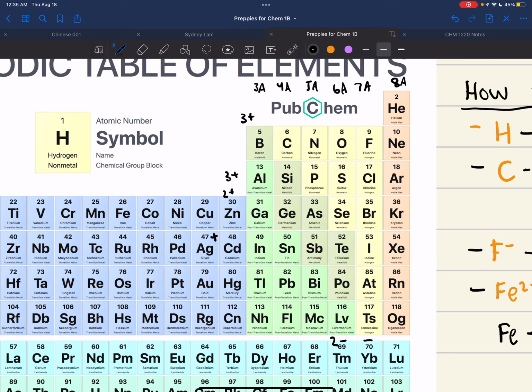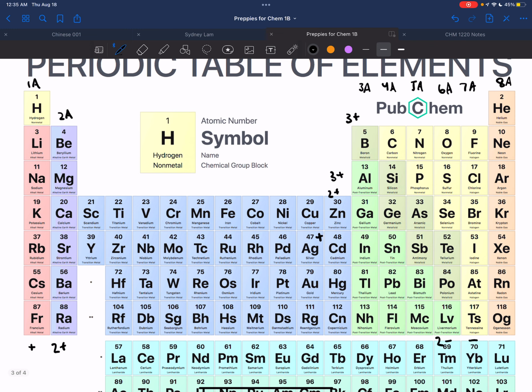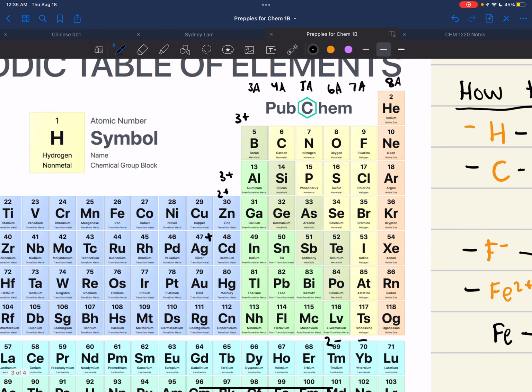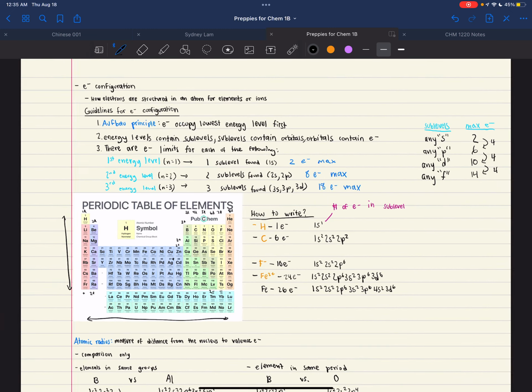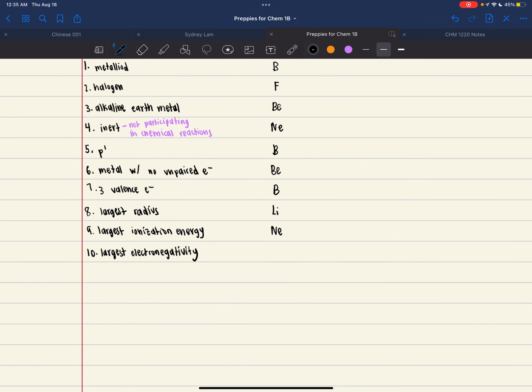It would be very difficult for it to be pushed out of the ideal state, compared to even fluorine, because fluorine is not at ideal yet. So that's why neon would have the largest ionization energy.